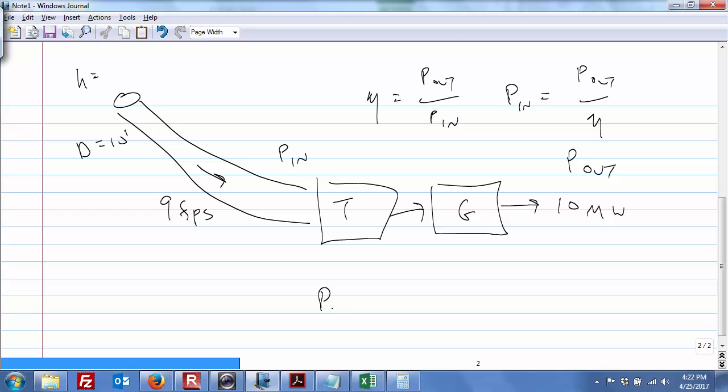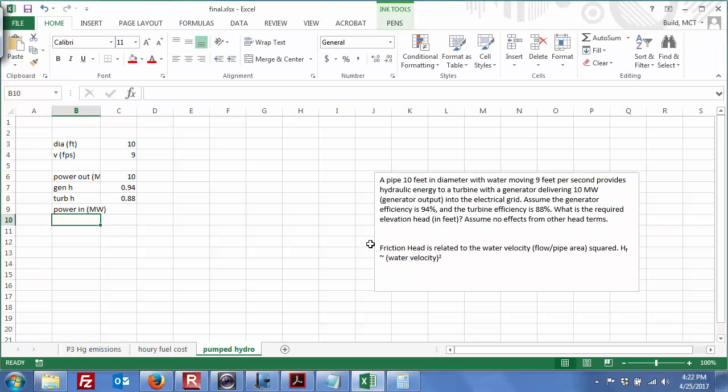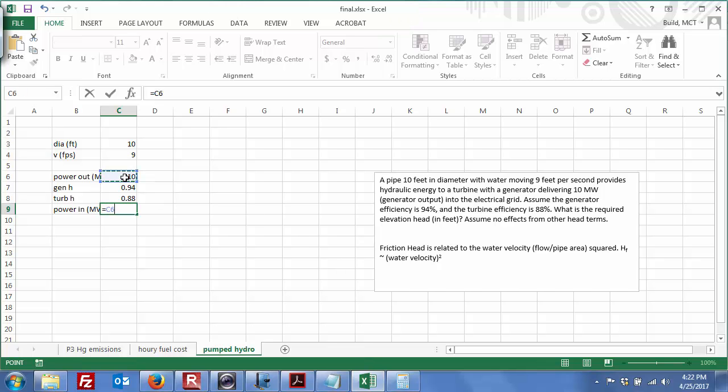So P in equals P out over eta T eta G. P in equals P out divided by?